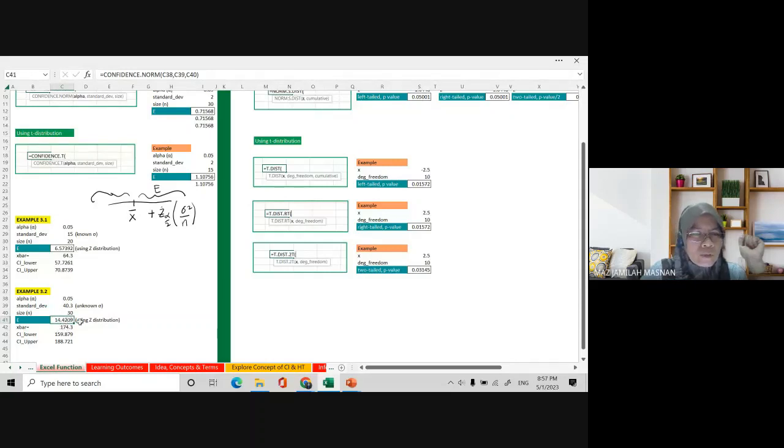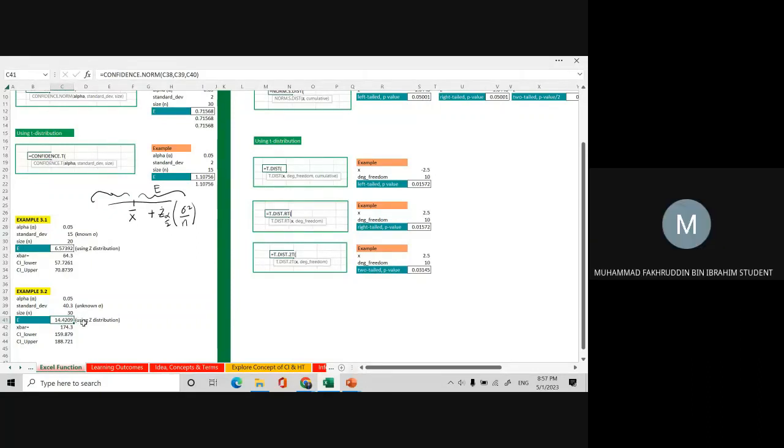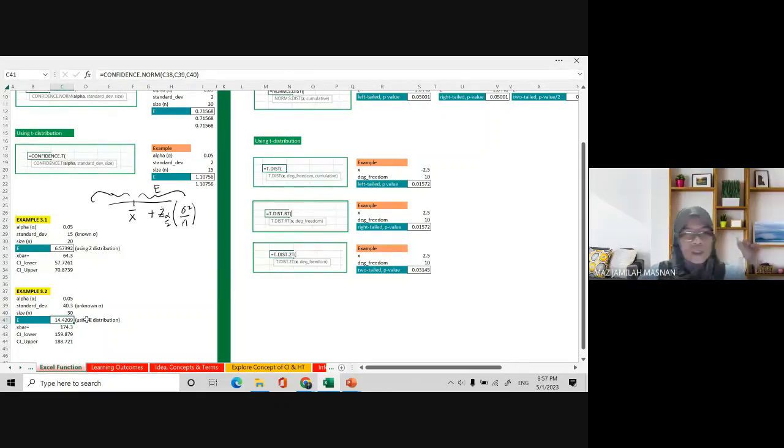So what you got here is automatically calculated for you. Did you get that on your Excel, class? Okay, now we calculate. See, once you have changed the keyword, the calculation is done for you.